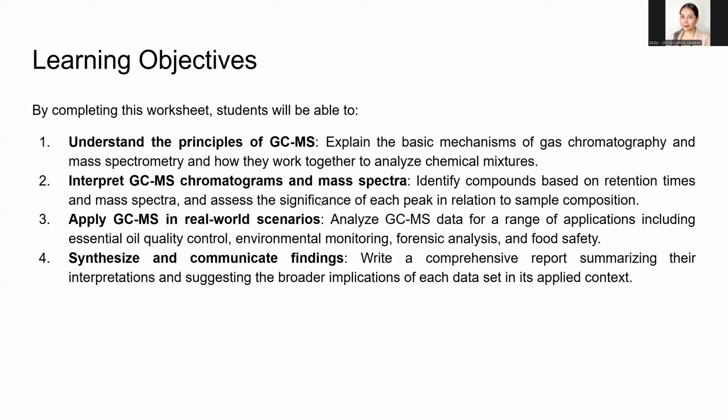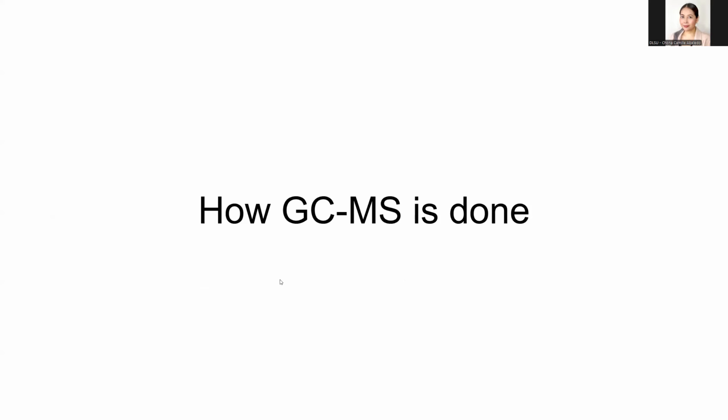So in this exercise, we'll give each group their own unique data set that you will need to analyze, and then apply the data that you got by creating a written report that is set in a real-world scenario, and then synthesize and communicate your findings. Okay? So let's first talk about the details on how GCMS is done.